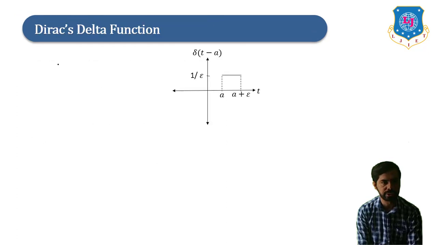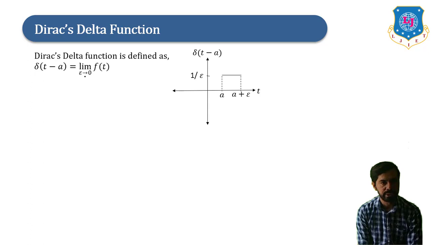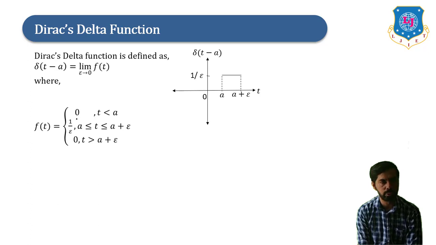Now we will discuss Dirac's delta function. Dirac's delta function is defined as delta of (t minus a), which is equal to the limit as epsilon tends to 0 of f of t, where f of t is equal to 0 for t less than a, it is 1 upon epsilon for a less than or equal to t less than or equal to a plus epsilon, and it is 0 for t greater than a plus epsilon.